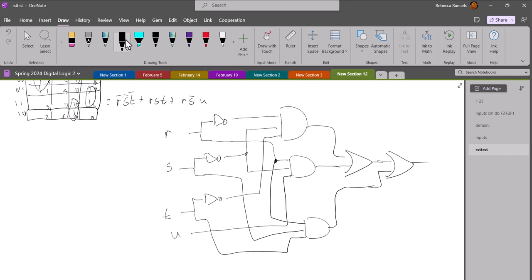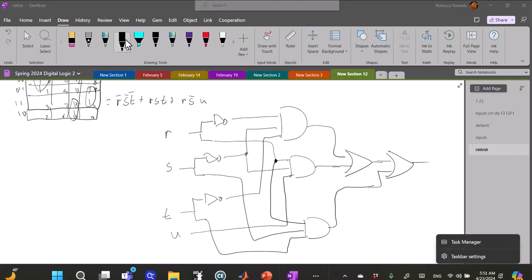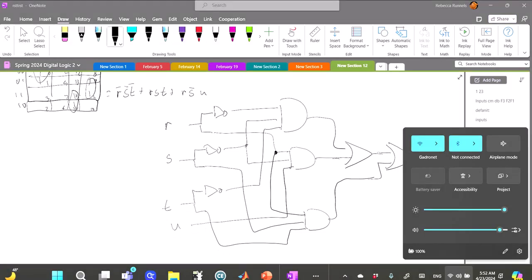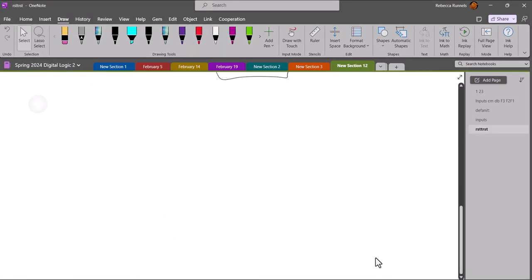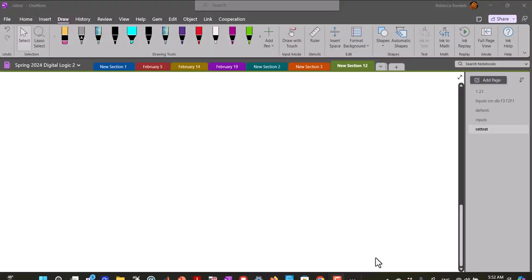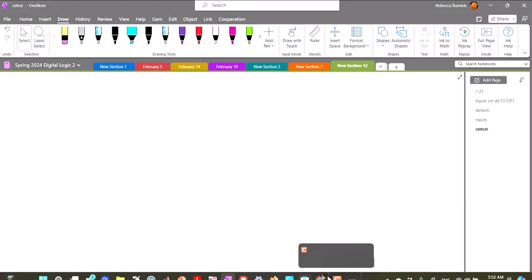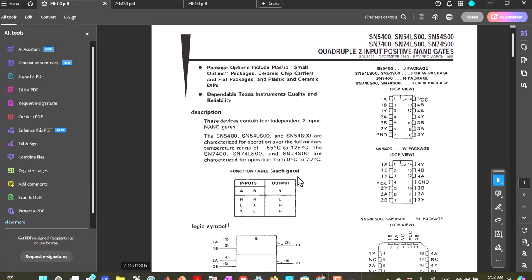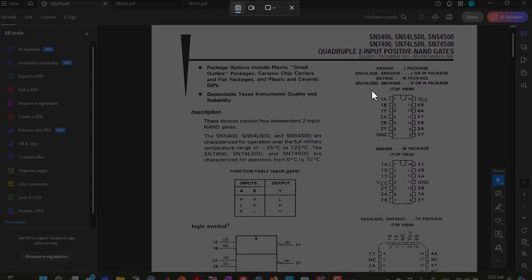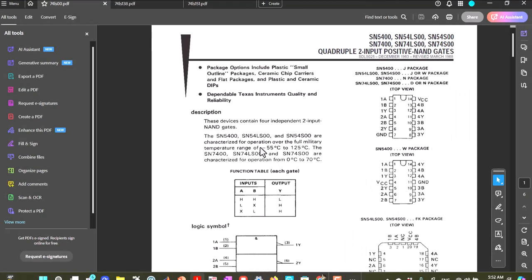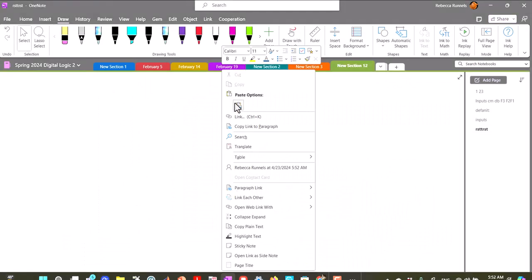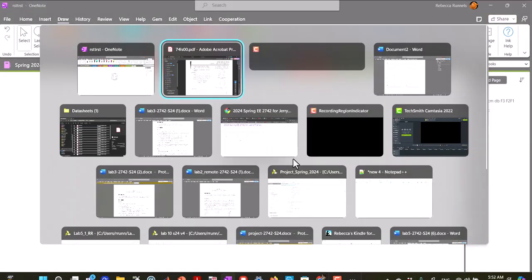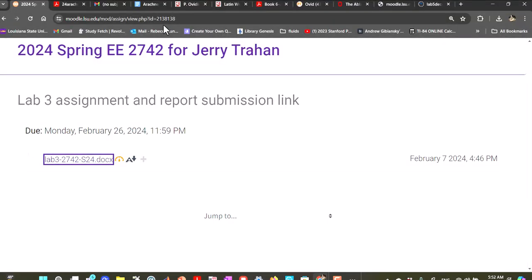And to map that to chips from the lab, you can find out what chips you have available in the lab.